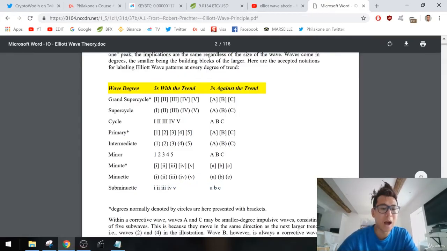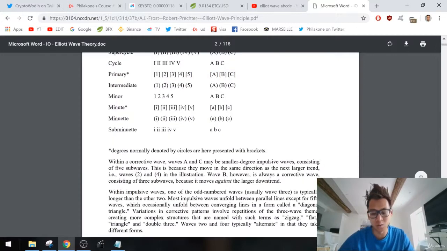But if you're on a massive grand supercycle, these are taken over the period of years, right? The one that I normally use is minor because it has a standard 1, 2, 3, 4, 5 and big capital letters, A, B, C, uppercase. And I also use minute, and I also use minuette as well. So these are my 3 favorite ones to use.